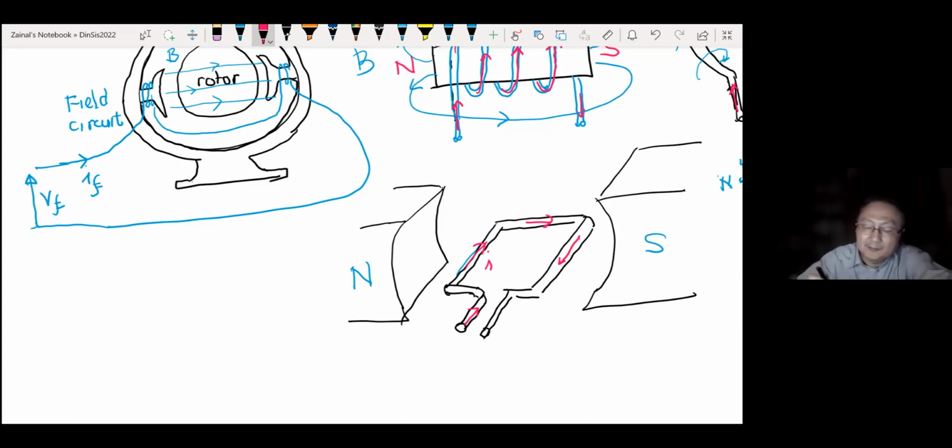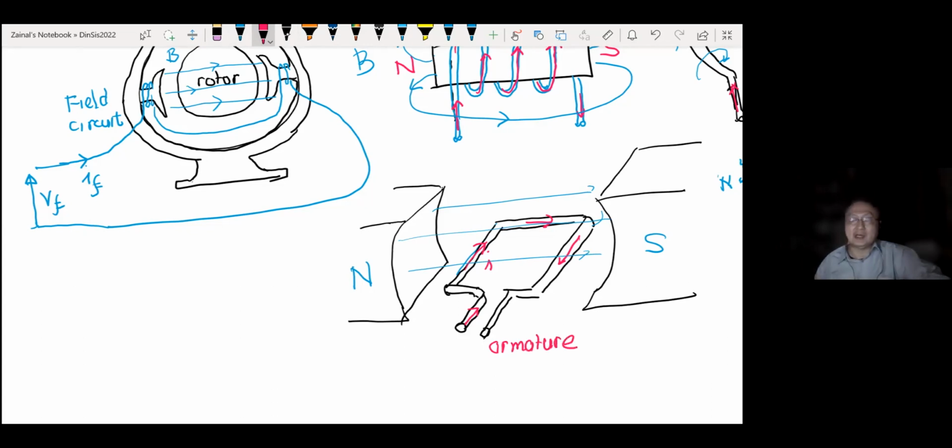Now look, because magnetic flux moves from here to here. This one is called the armature, R. So the part of the rotor which creates torque is called the armature.